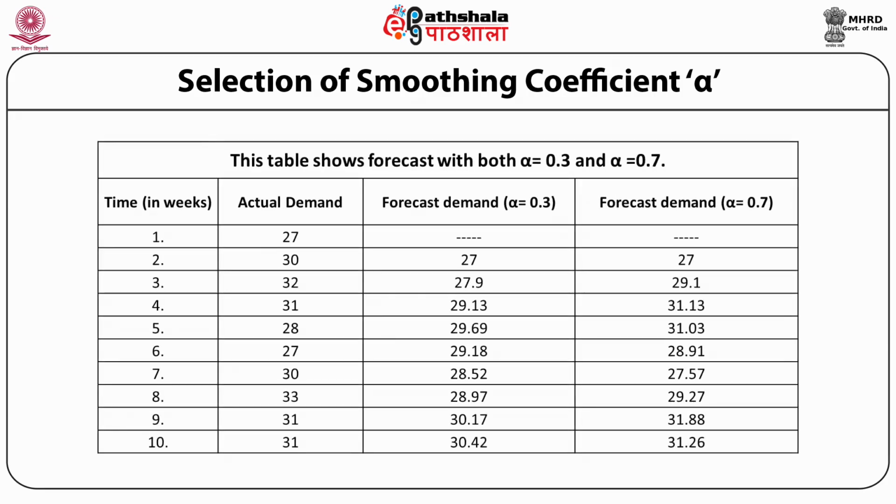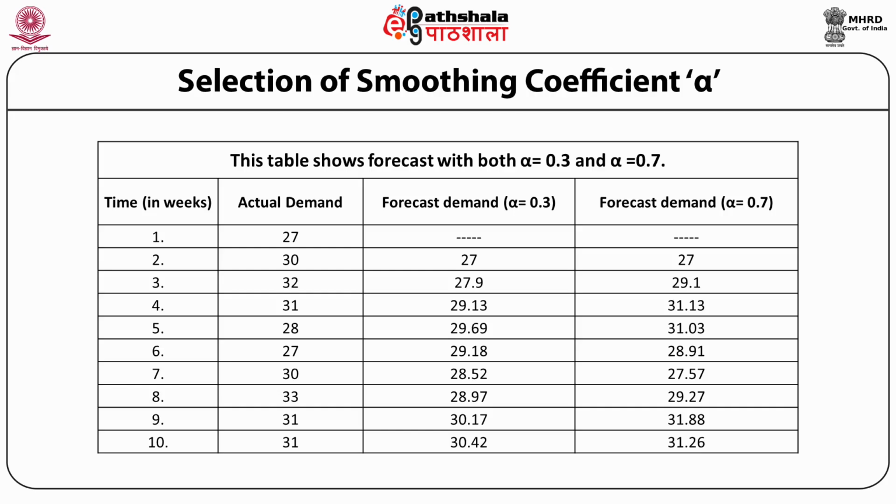For instance, by using alpha as 30%, forecasted demand for week 2 was 27 units and for week 3 it was 27.9 units. Similarly, for the last week, that is week 10, by using alpha as 30%, the forecasted demand was 30.42. The last column in the table indicates the forecasted demand by taking alpha as 70%.